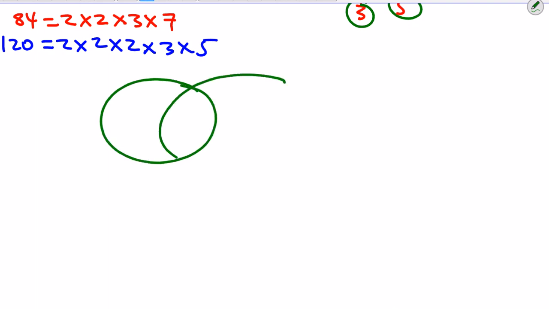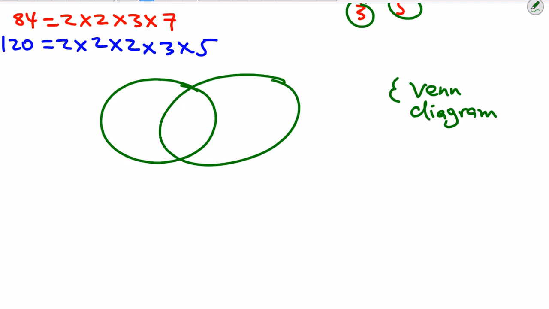So this is called a Venn diagram. A Venn diagram will help us to organize this information that we have, the prime factors of 84 and 120. So here I'll have 84, and here I'll have 120.